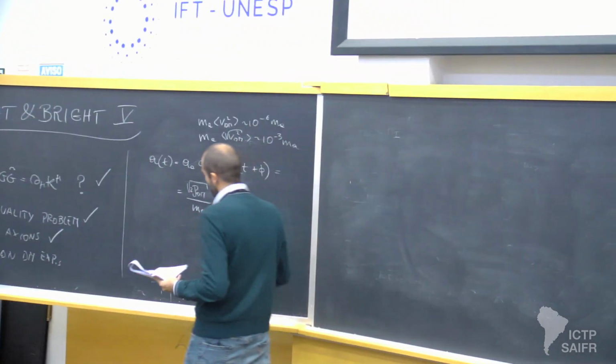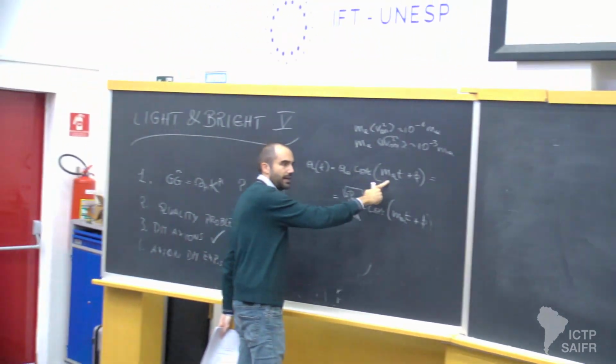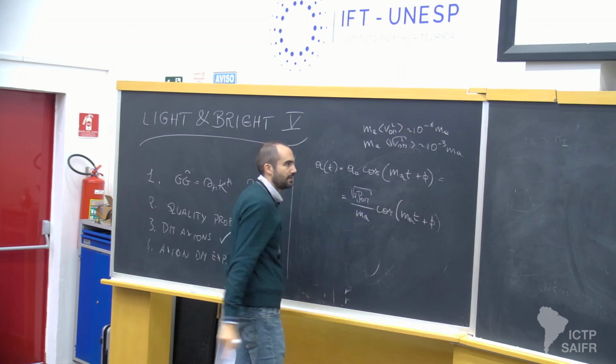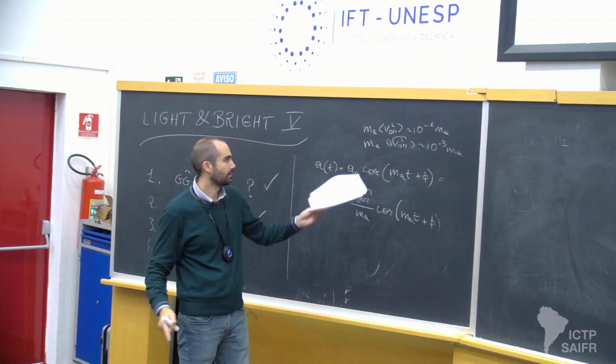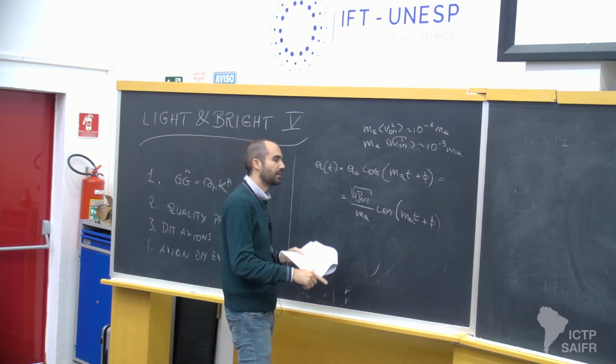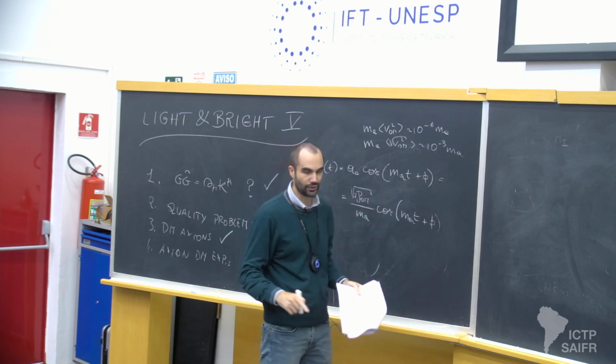And so, when we write this classical field, we can approximate the energy with the mass, and we can neglect spatial dependence, because over scales that are much bigger than 1 over m_a, this field is not changing.